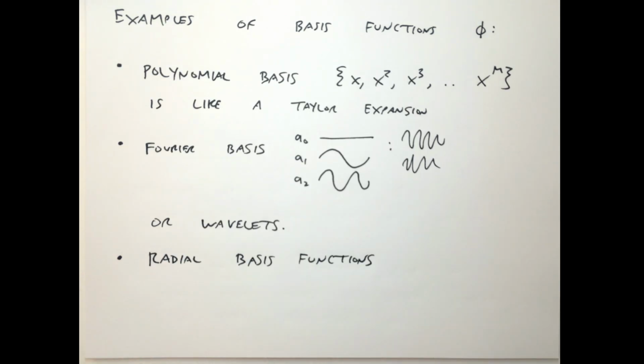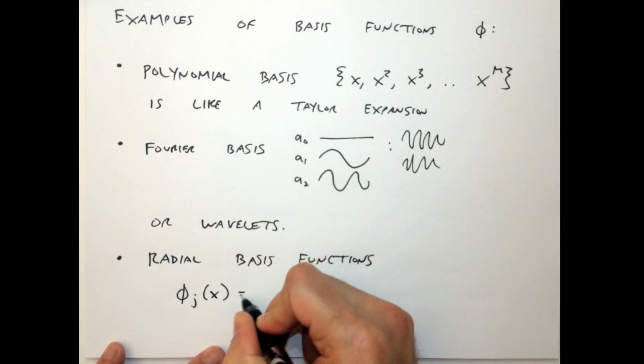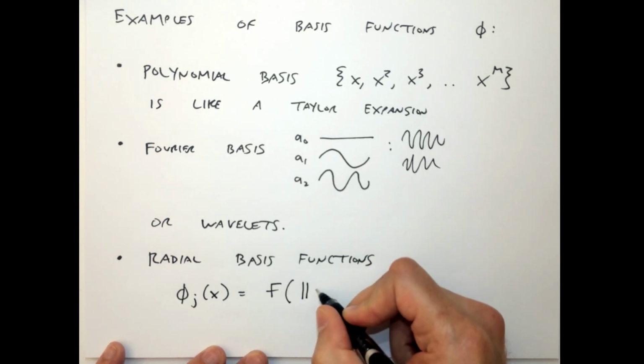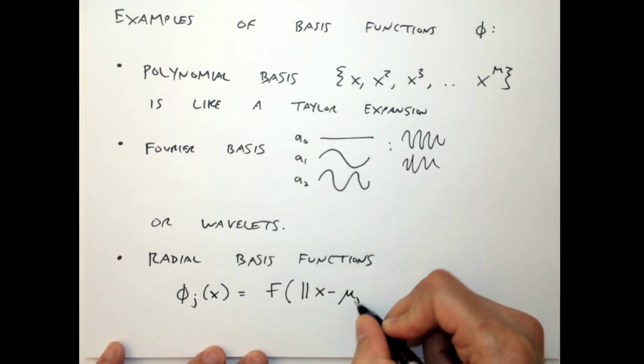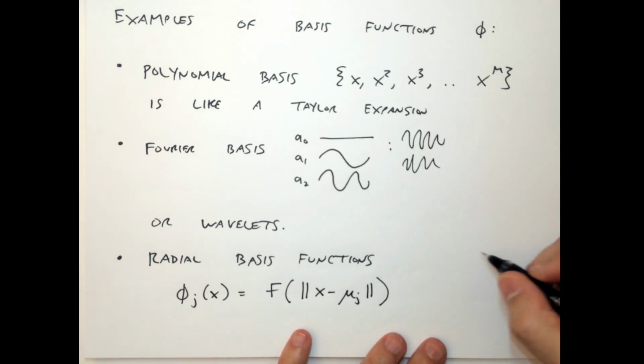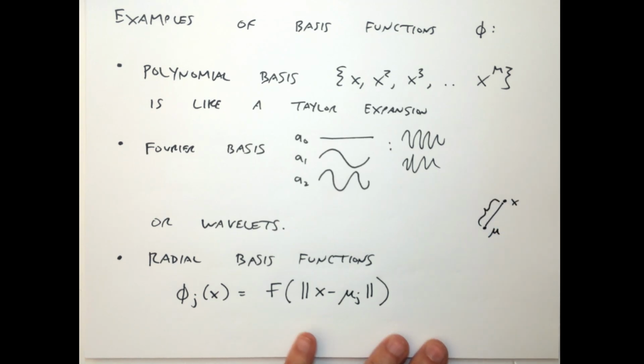That's like saying that the basis function is some function of the distance between the point x and some other point in the plane, mu. I have some point mu, and my function is related to this distance, which sometimes we call r because it's the radius I am away from mu.